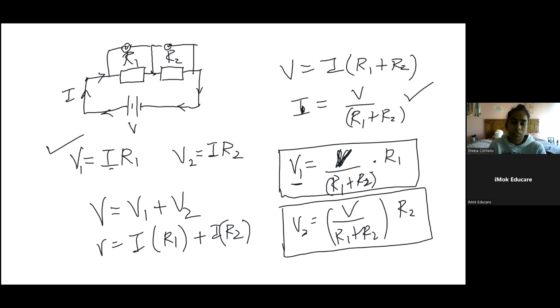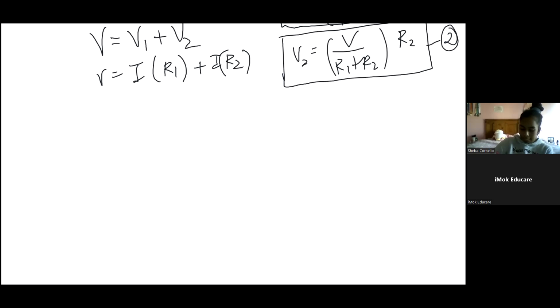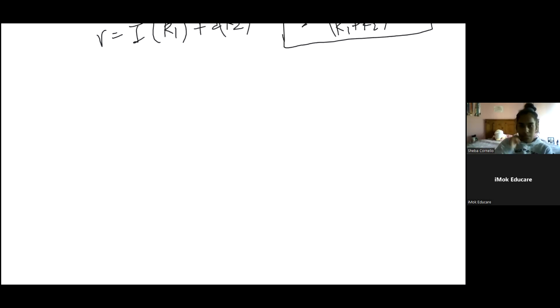So they will divide the voltage with respect to each other in a particular ratio. Let me say this is equation number 1 and equation number 2, right? If this is equation number 1 and 2, can I divide equation 1 by 2? So I get V1 upon V2 is equal to V upon (R1 plus R2), the whole bracket multiplied by R1.